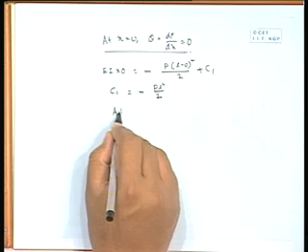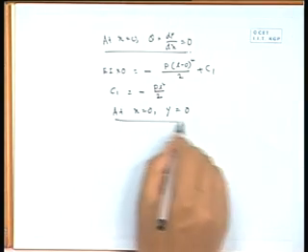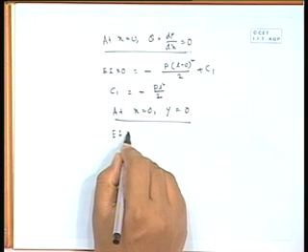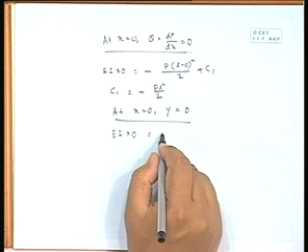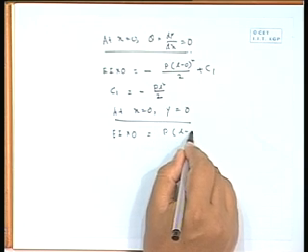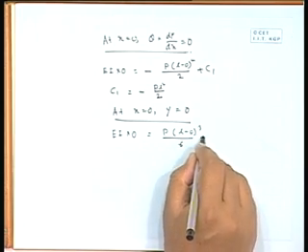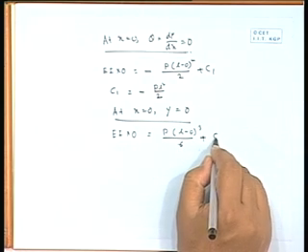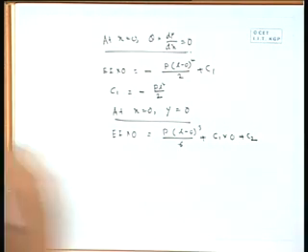Once C1 is determined, we will take the last equation. So, at x equal to 0, y equal to 0. That condition will give EI into 0, that will be equal to P (L minus 0) cube divided by 6, plus the C1 part, you can substitute, or you can keep it as C1 multiplied by x, where x will be equal to 0, plus C2.